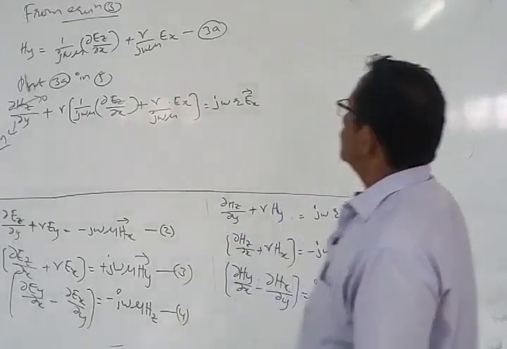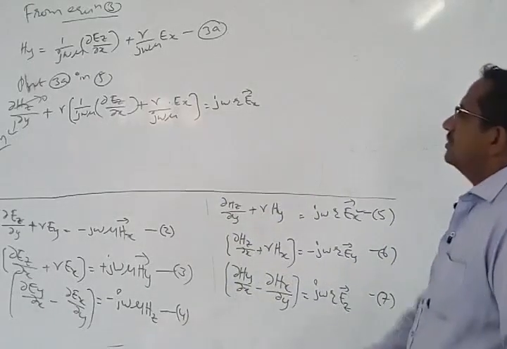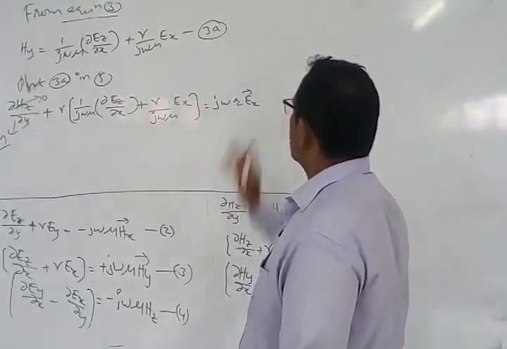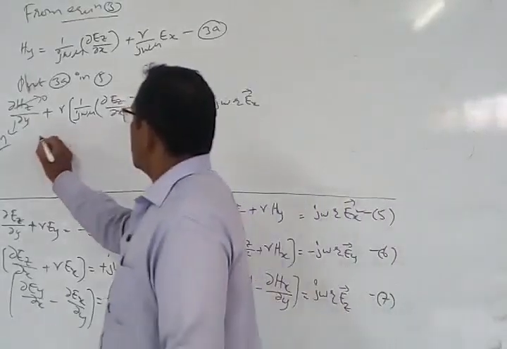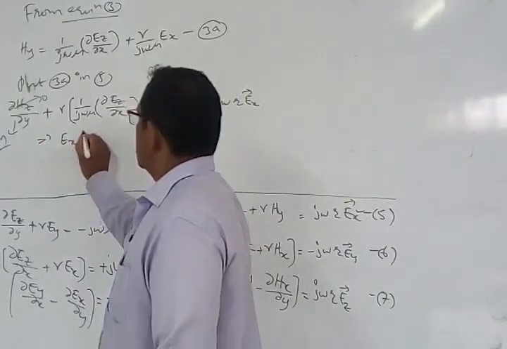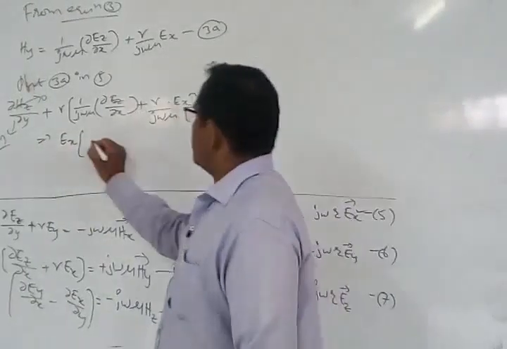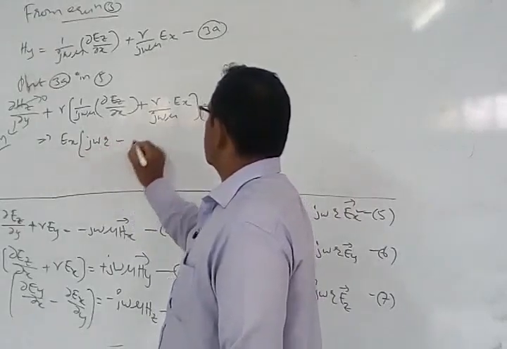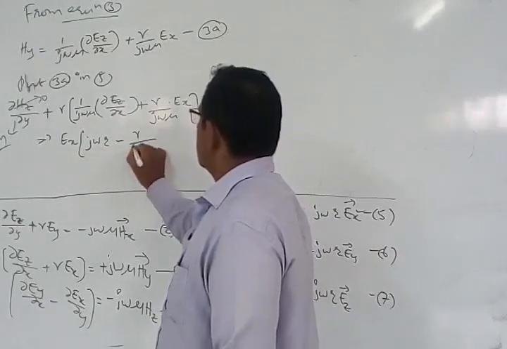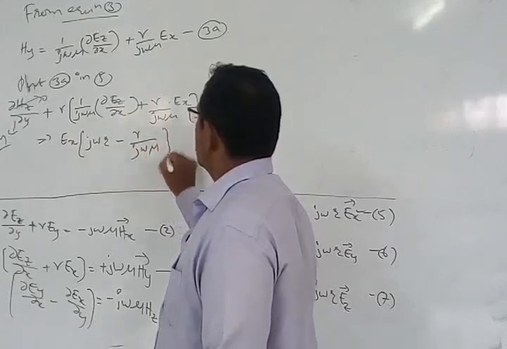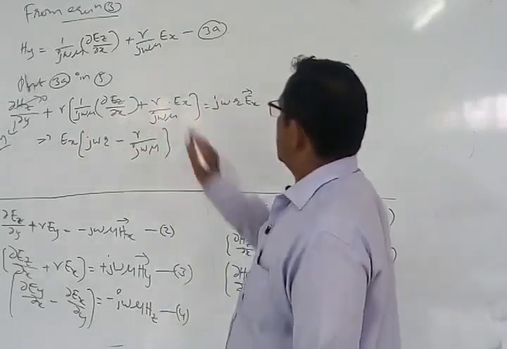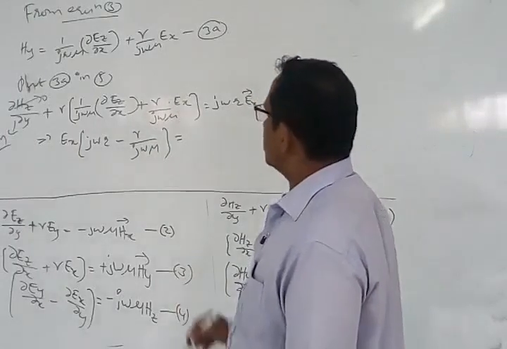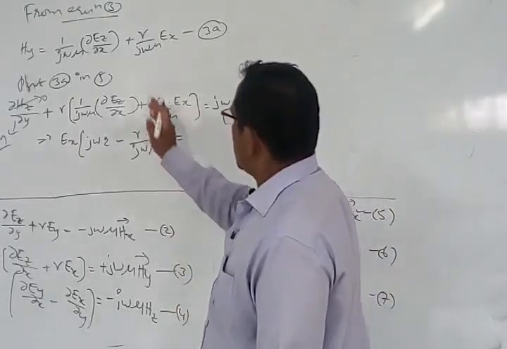So I can just take this gamma by j omega mu Ex onto this side. So I can write this equation as Ex of j omega epsilon, minus gamma by j omega mu into Ex, taken onto this side, is equal to, this part is gone now.